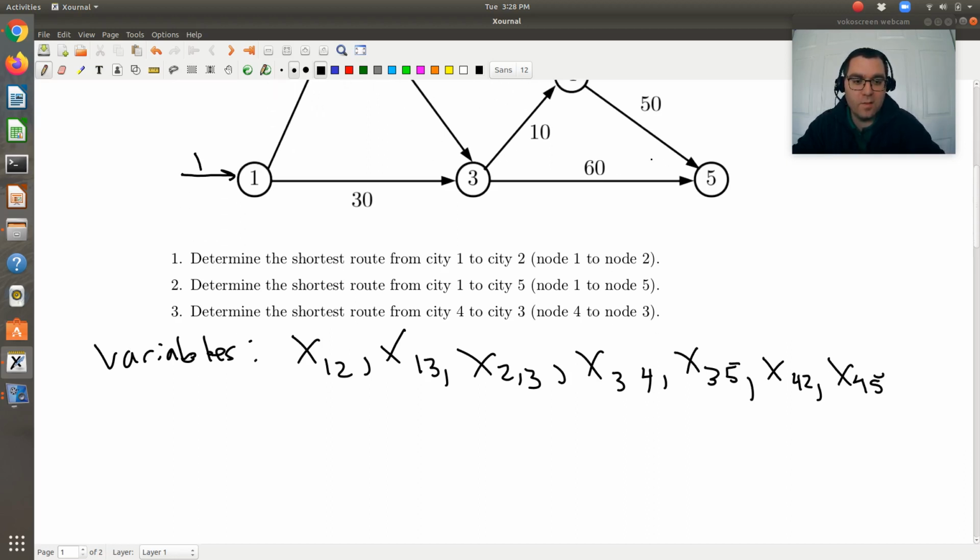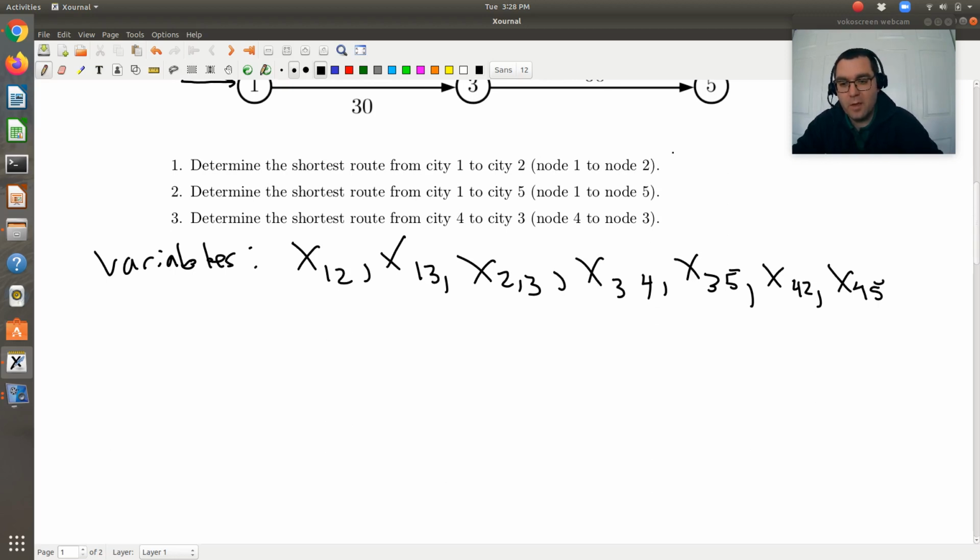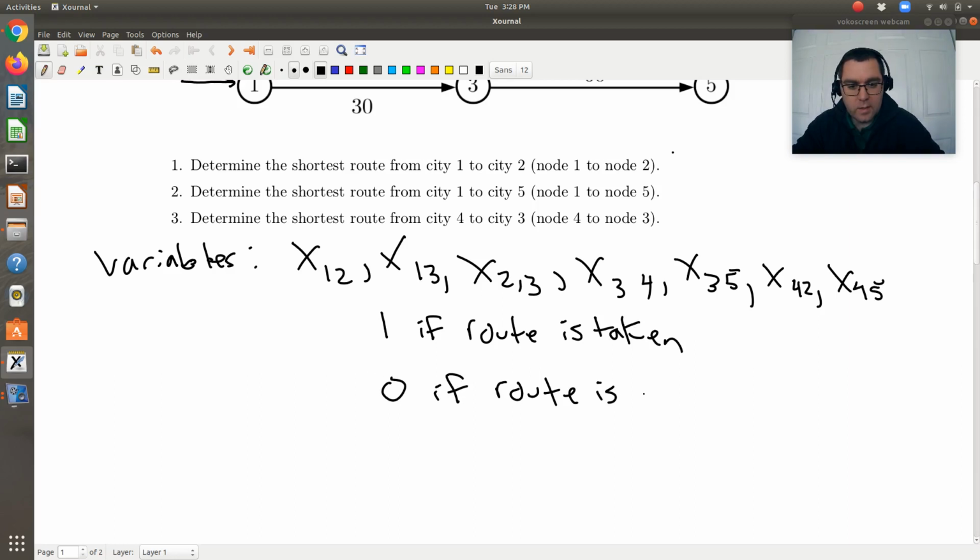Okay, and I said the variables are going to be binary. So basically our variables are going to be 1 if our route is taken, and it's going to be 0 if our route is not taken.